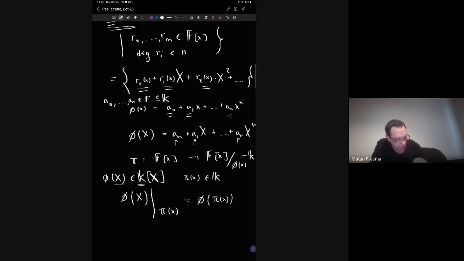So now phi of pi of x is simply phi of x, lowercase x. This is supposed to be an element in k. But in k, phi of x is 0.